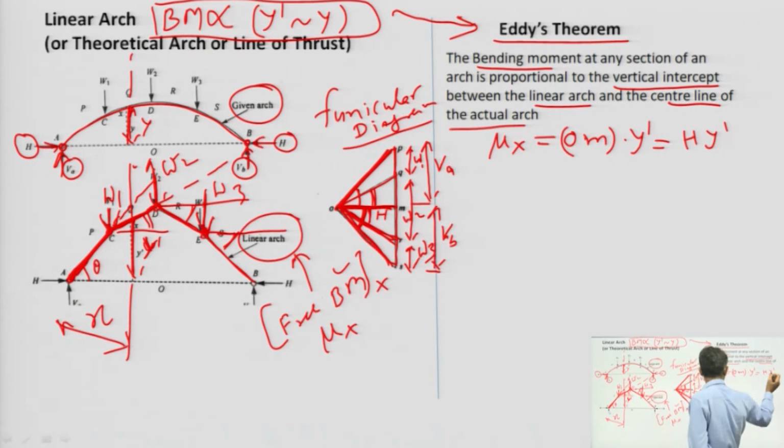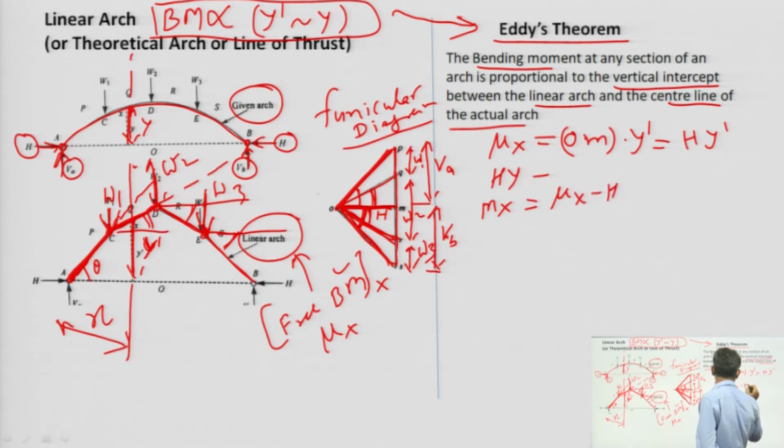And y dash is the intercept at any section x in a linear arch, and h into y is the h moment. So, the bending moment at any section is mu x minus h into y.